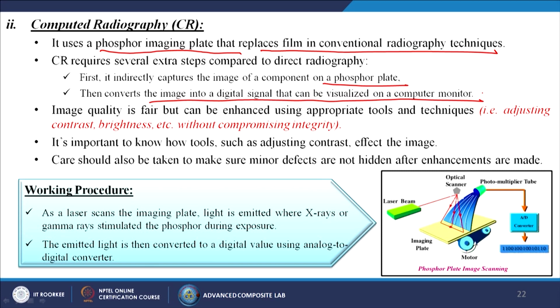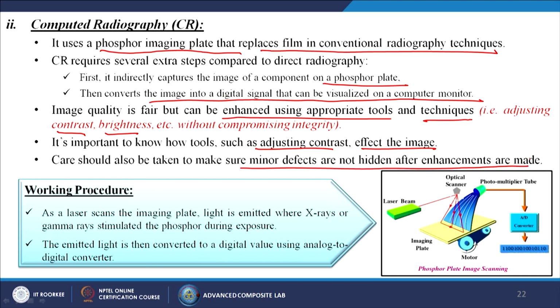Image quality is fair, but can be enhanced using appropriate tools and techniques, that is, adjusting the contrast and brightness without compromising the image quality. It is important to know how tools such as adjusting contrast affect the image. Care should also be taken to make sure minor defects are not hidden after enhancements are made.